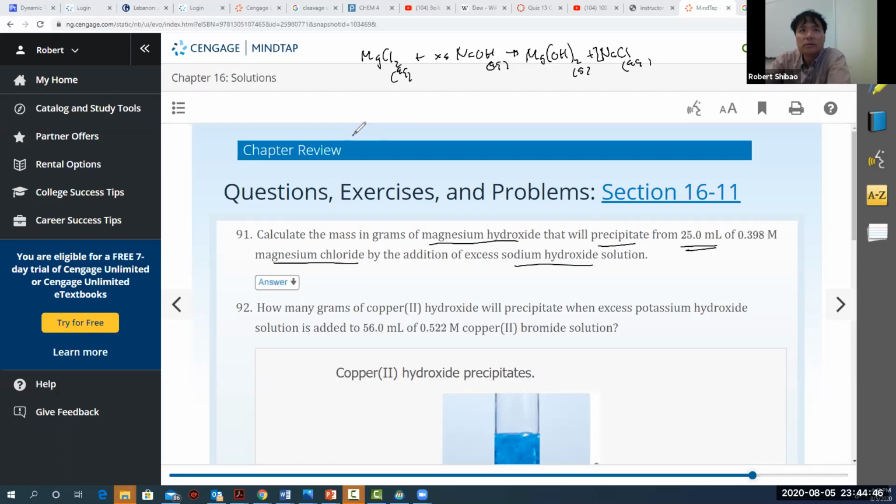And so what we have here is 25 milliliters of solution. So we're going to go from 25.0 milliliters of solution to liters of solution, and then from liters of solution to moles of pure solute using the molarity.